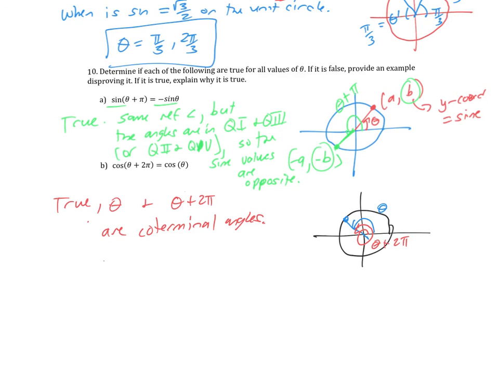So we have the same point on the unit circle, and the cosine values are the same.